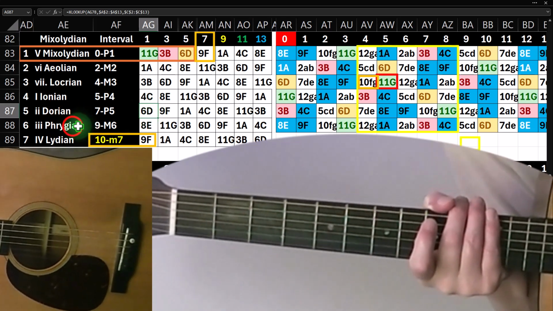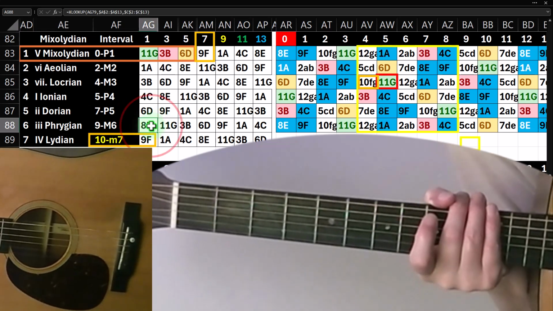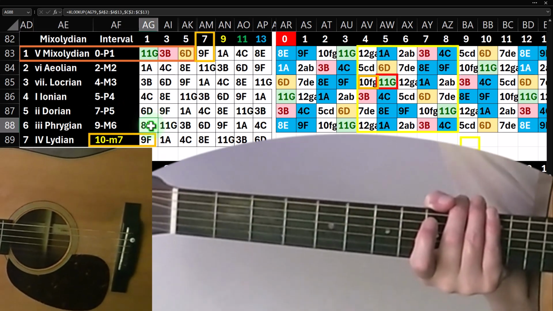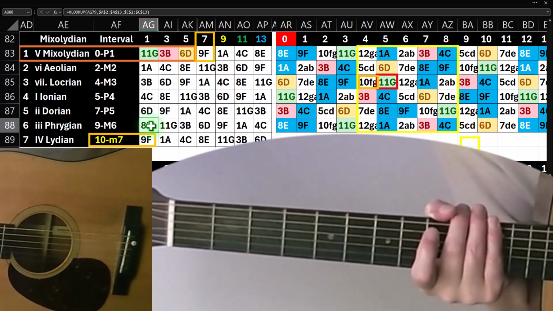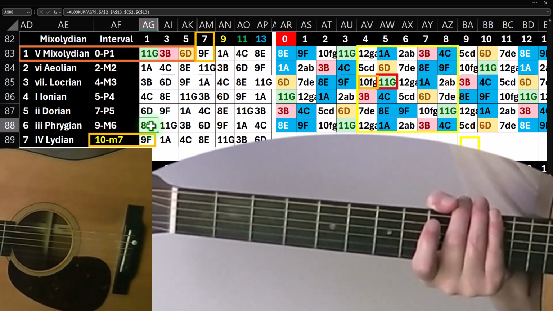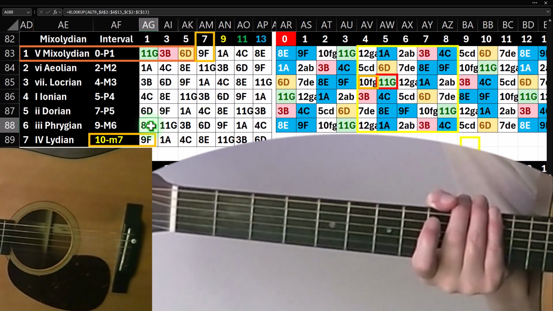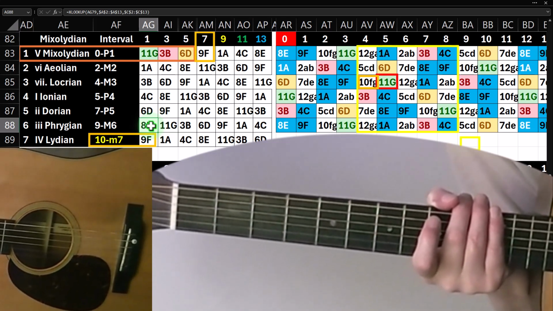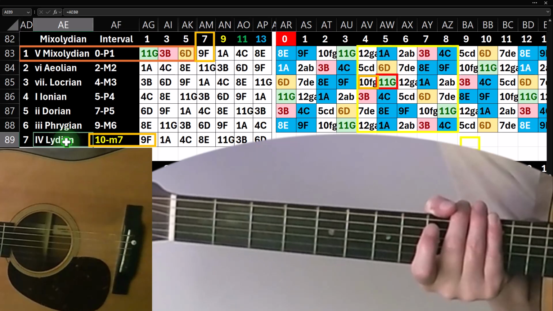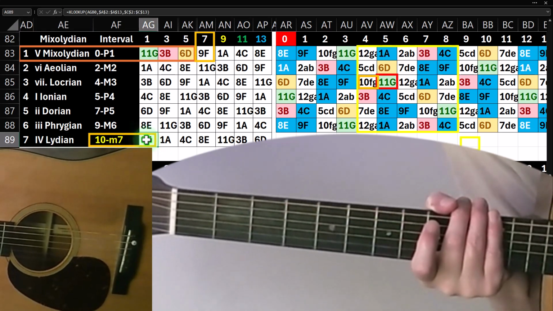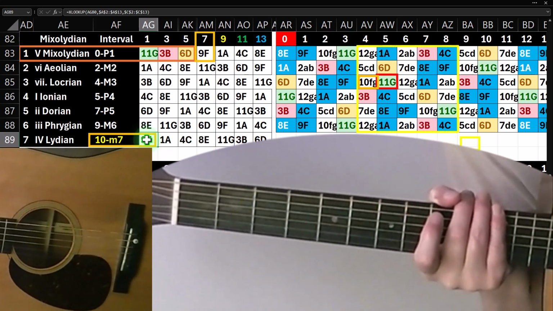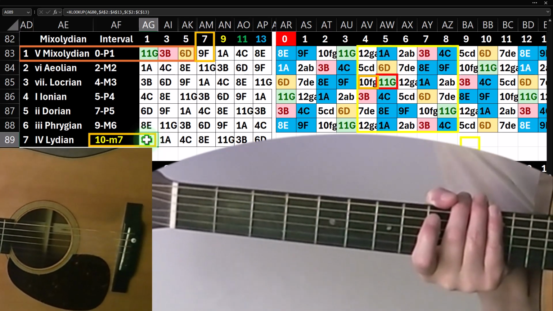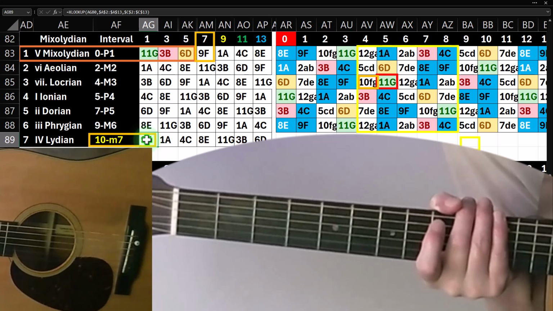If I converted this E Phrygian to an E minor, then I can think about all the other related modes to an E minor. If I convert the F Lydian to an F major, then I can say, well, what are all the other modes that are relative to the F major?